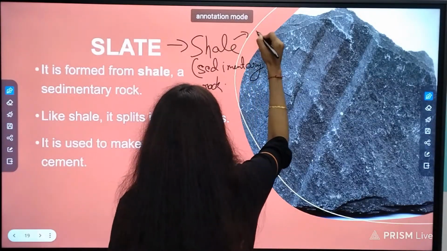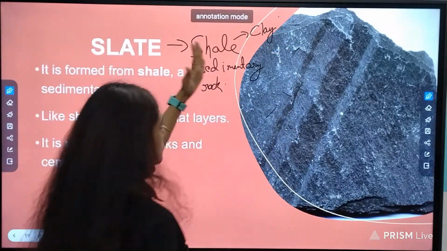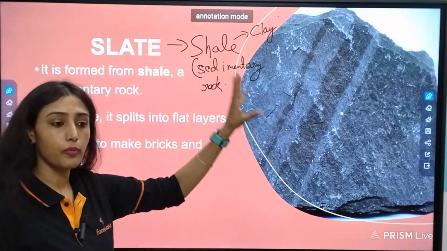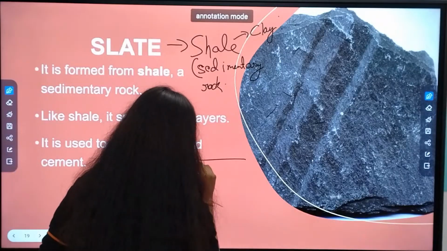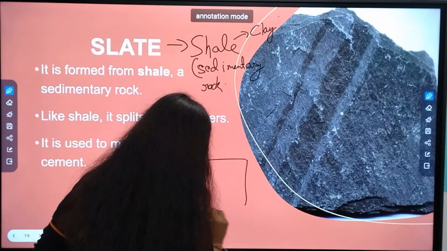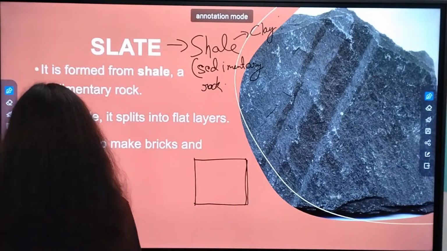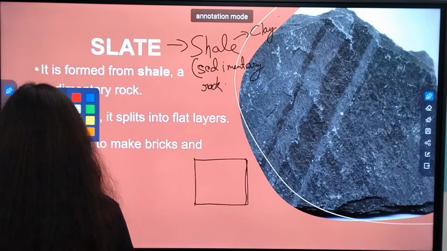It was made up of clay, right? So the best example of slate is, you all have seen while you were small, you started writing on a small blackboard which was entirely black in color.